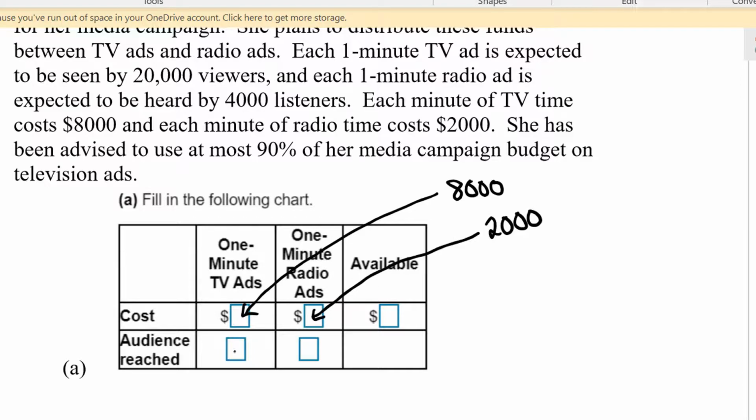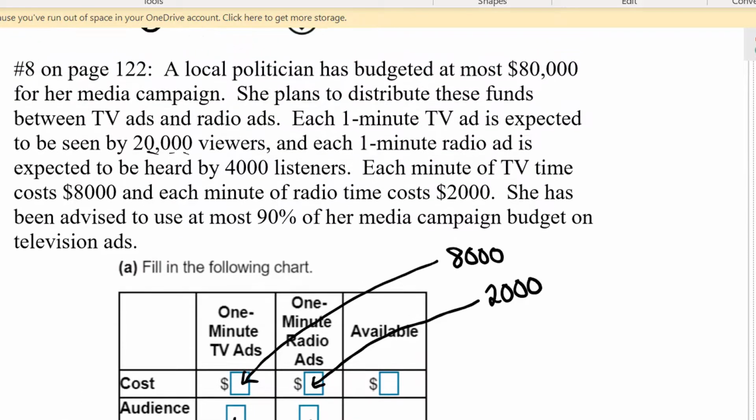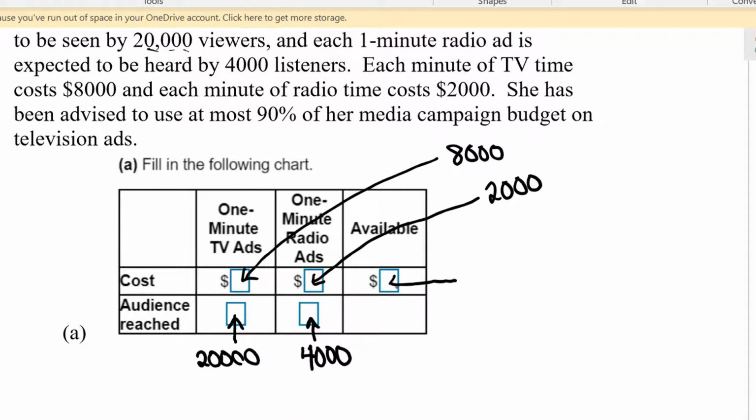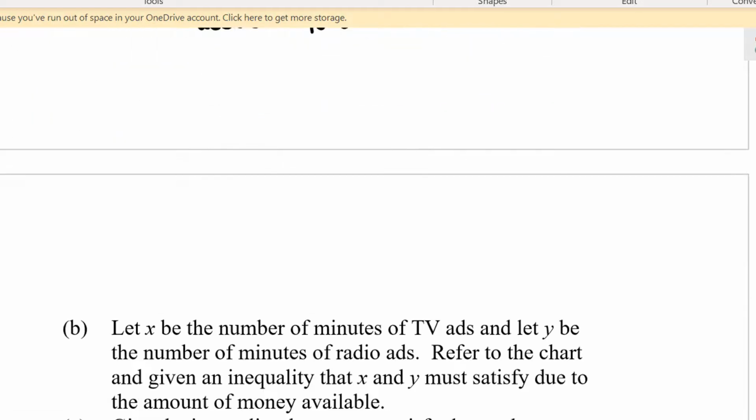And then the audience reached for 1-minute TV ads, it says 20,000. And for radio, it's 4,000. And then the amount of money available, that's right in the first sentence, $80,000. They already have the dollar sign, so we just put it in. Okay, so that's it for part A, filling in the chart.